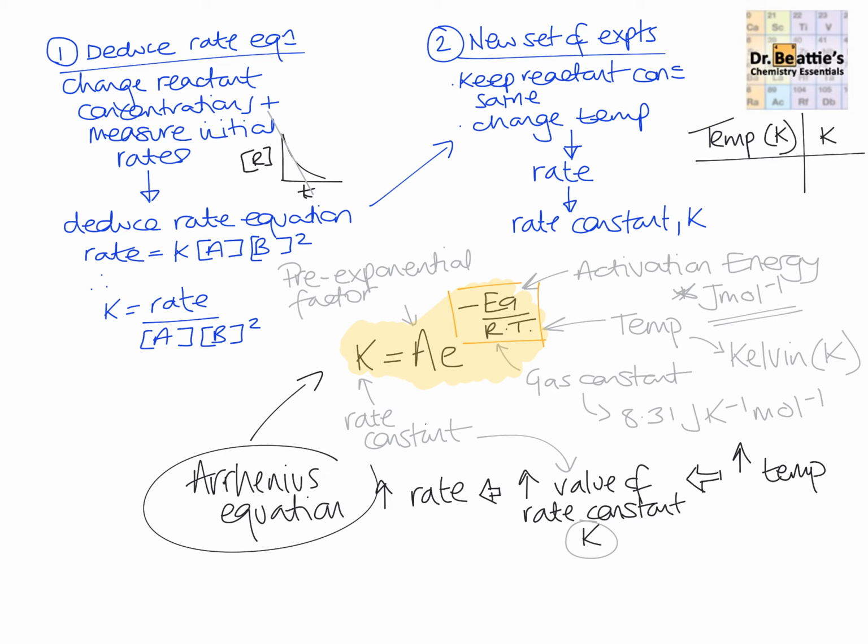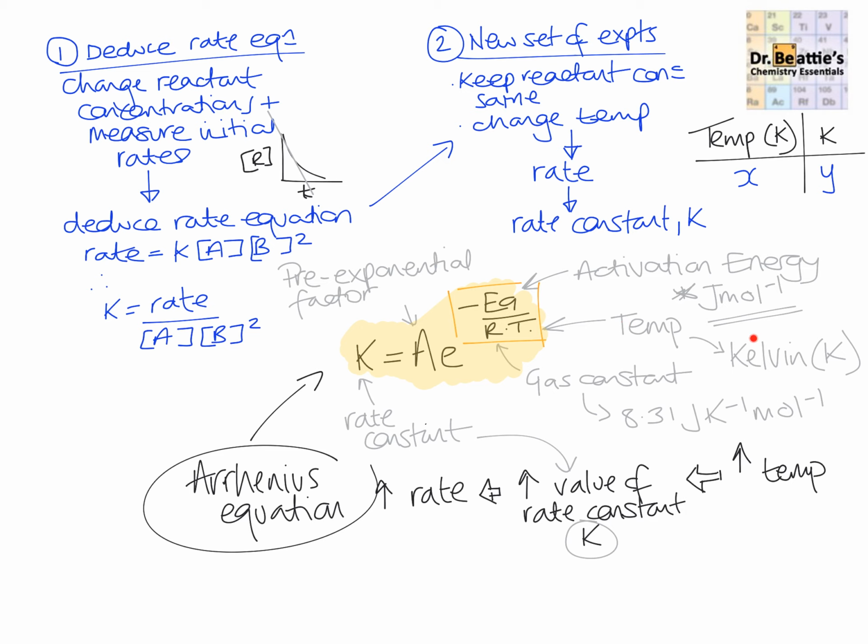Now importantly, we can plot the data generated from this in graph form. So on the y-axis we can have rate constant k, whereas on the x-axis we're going to have temperature. And remember, this has got to be in Kelvin.